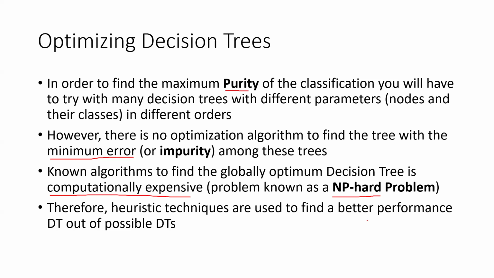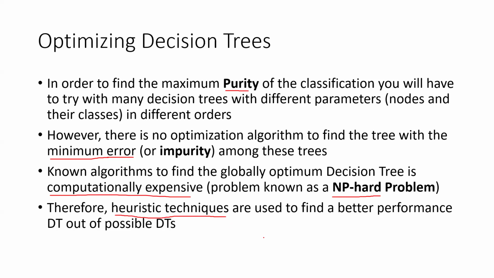Due to this reason, you can't find the globally optimum solution for the decision tree problem, where you can't create the optimum decision tree. You can use heuristic techniques to find an optimum decision tree, but this particular decision tree may not be the globally optimum decision tree.